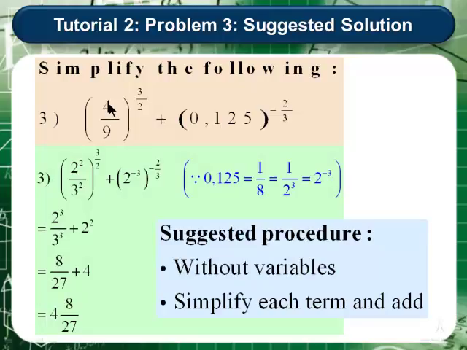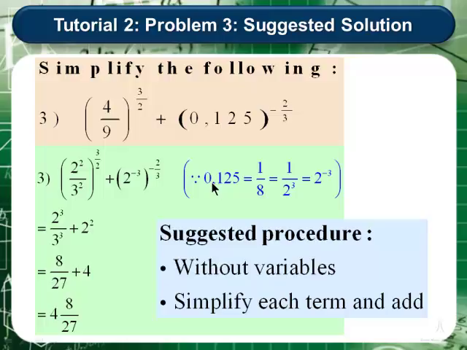The way to simplify it is to change to prime bases. So 4 gets written as 2 to the power 3, 9 as 3 to the power 2, after which we multiply both these exponents by 3 over 2, so you get 2 to the power 3 and 3 to the power 3.